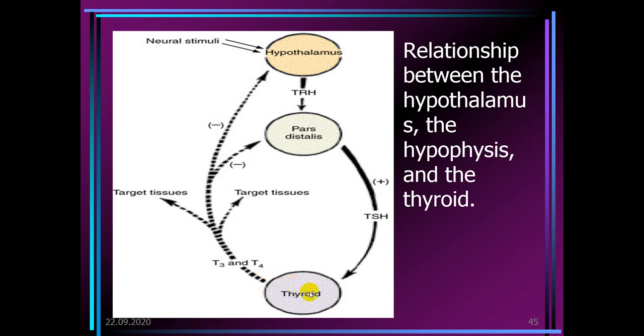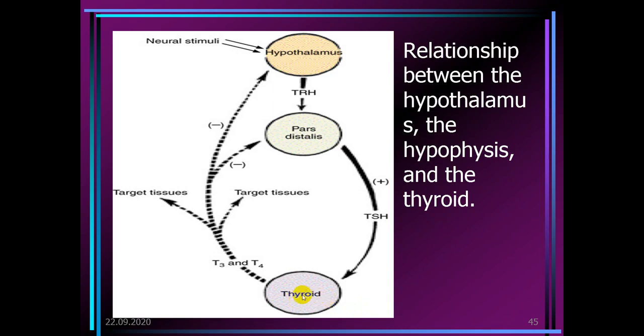Then T3 and T4 hormones go to the periphery and find the target cells with their receptors. That's why the feedback mechanism can act in all directions. If a positive stimulus appears for the thyroid gland from target cells, the thyroid gland increases the production of T3, T4.